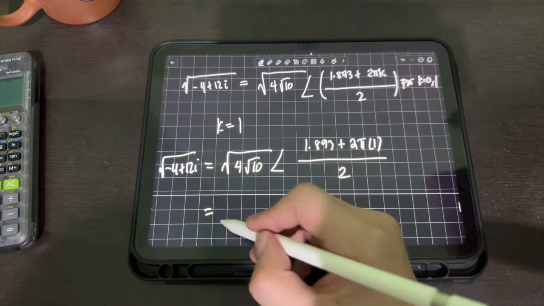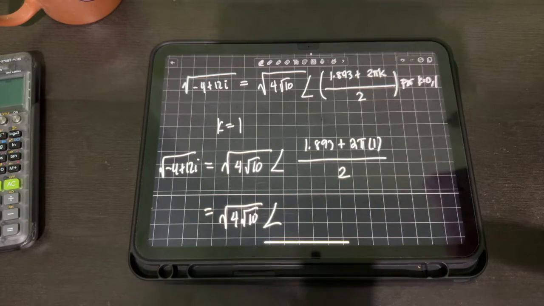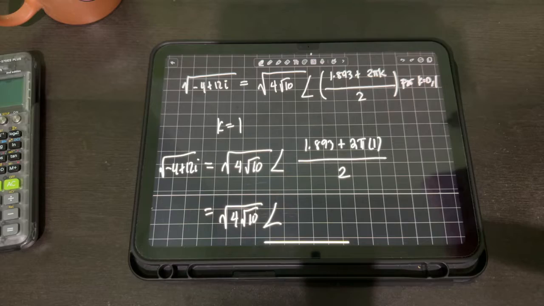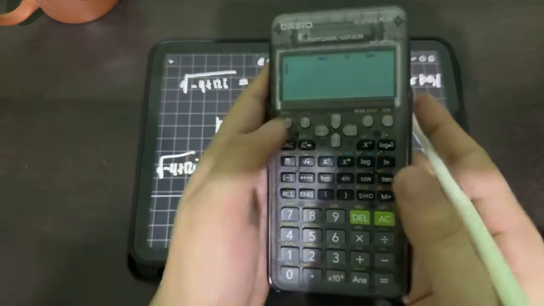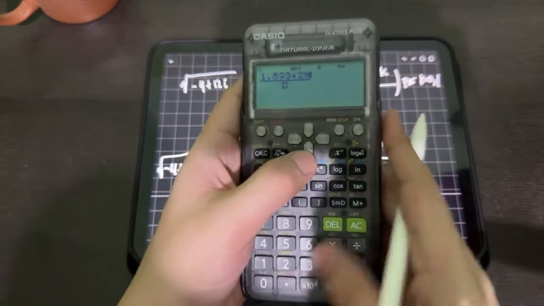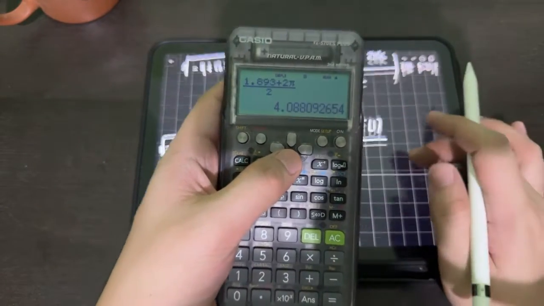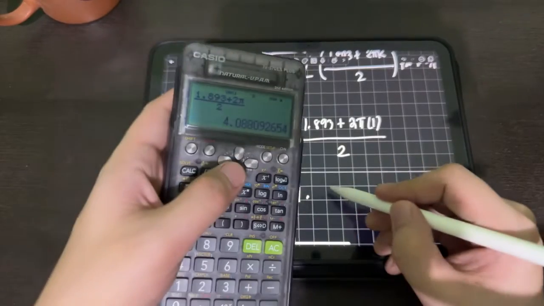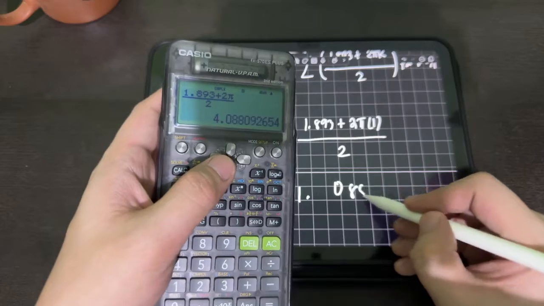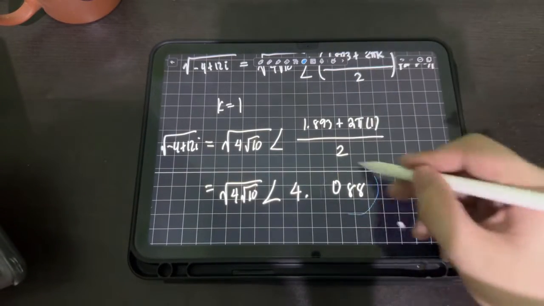So that it is equal to the square root of 4 square root of 10 angle of, you can input this in your calculator, 1.893 plus 2 pi times 1, or simply 2 pi, over 2, which is approximately 4.088.